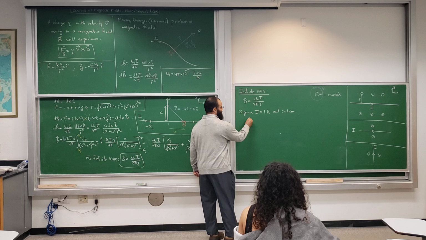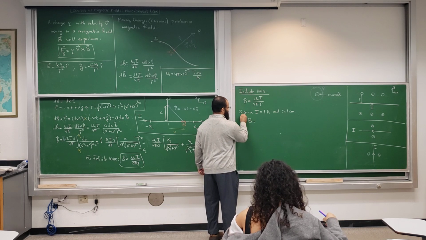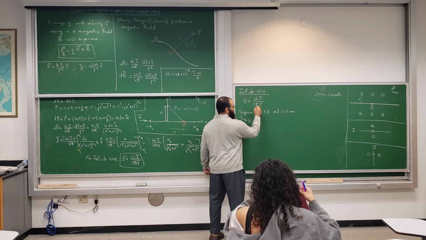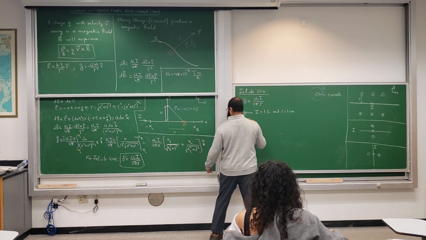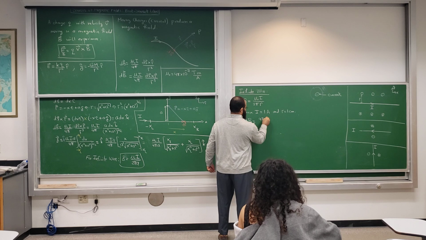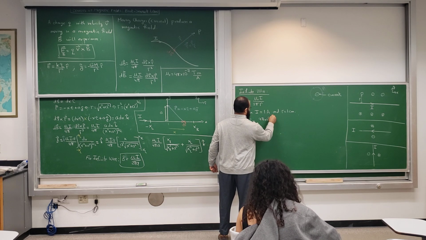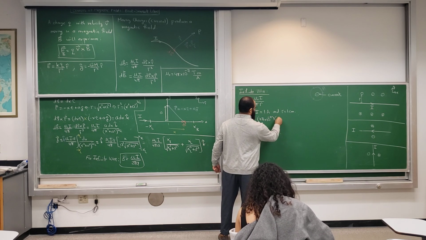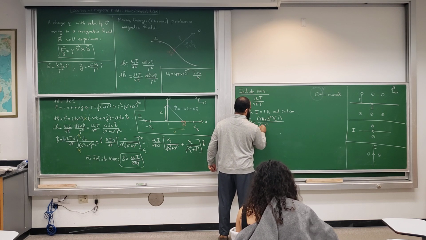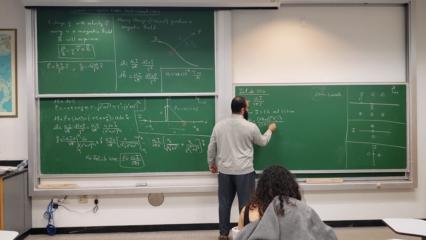Well, just plug in the numbers. For this case, it'd be mu naught I over 2 pi R. How much is mu naught? 4 pi times 10 to the minus 7 times the current, which is 1, and then over 2 pi times R. And R is 1 centimeter.